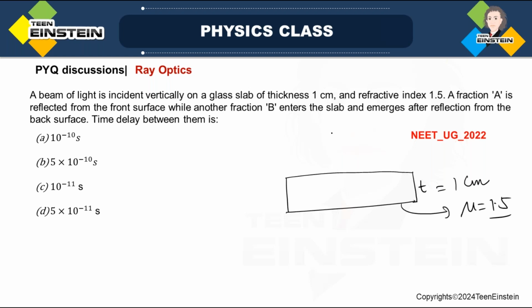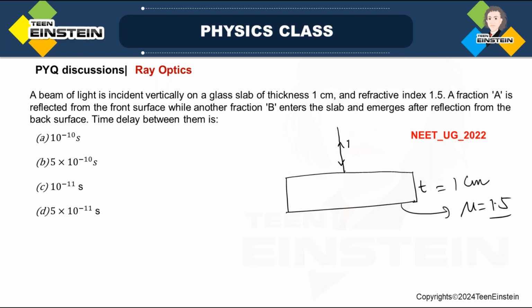When it is incident vertically like this, a fraction of light is reflected from the front surface, from here itself. Some reflection happens, and this will be normally going out.